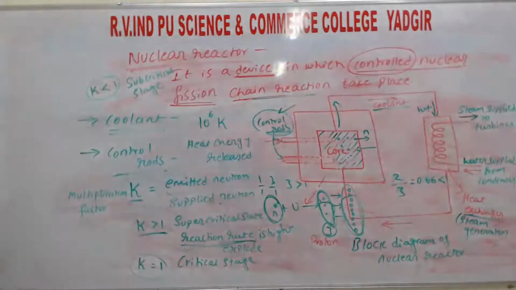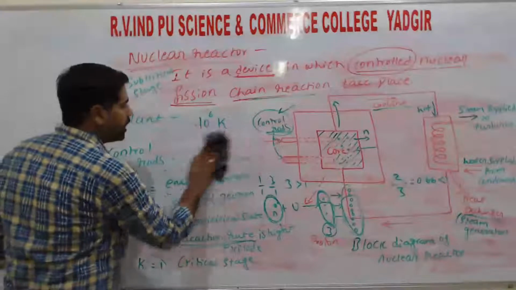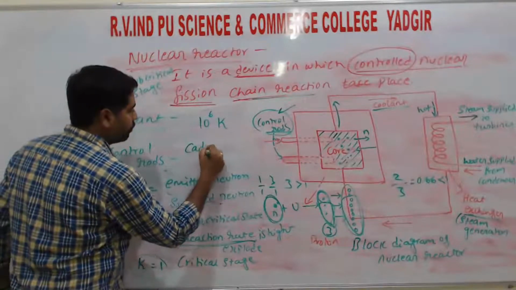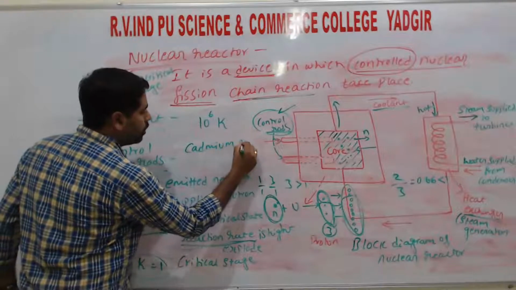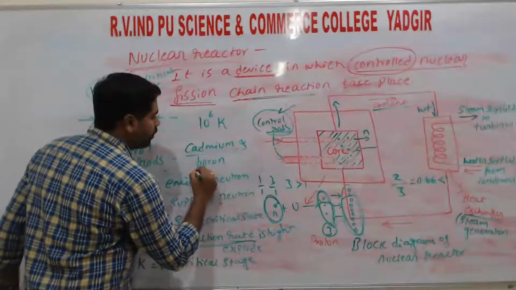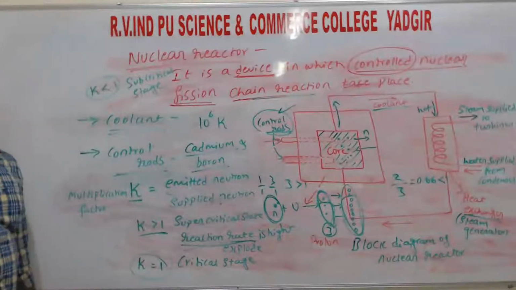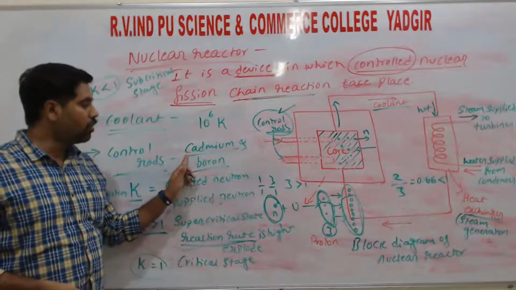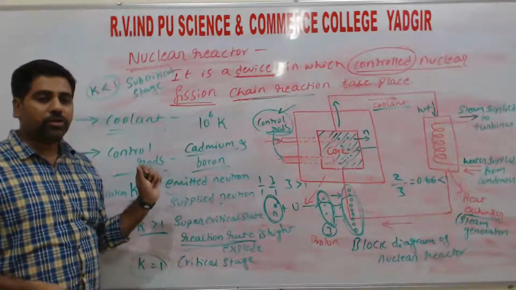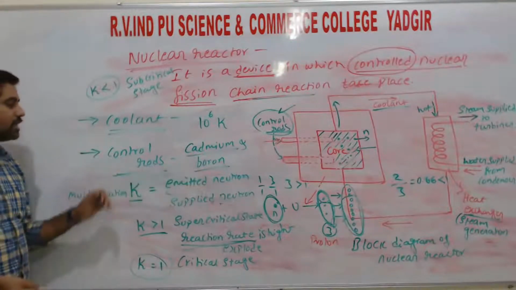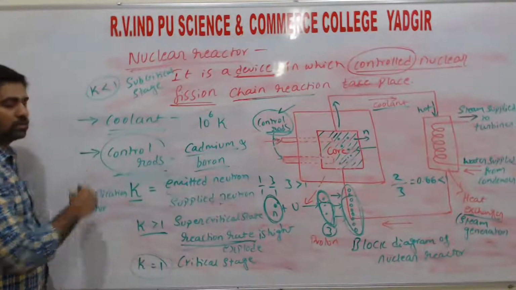The control rods we use are cadmium and boron. Either cadmium or boron we use as control rods, because these have a high power of absorption of neutrons. That's why we use cadmium or boron as the control rods, right?